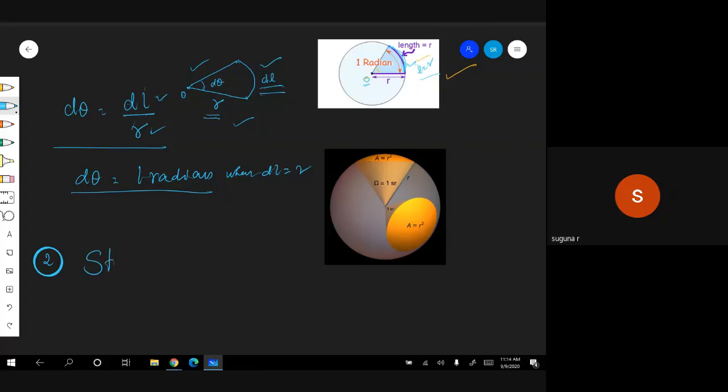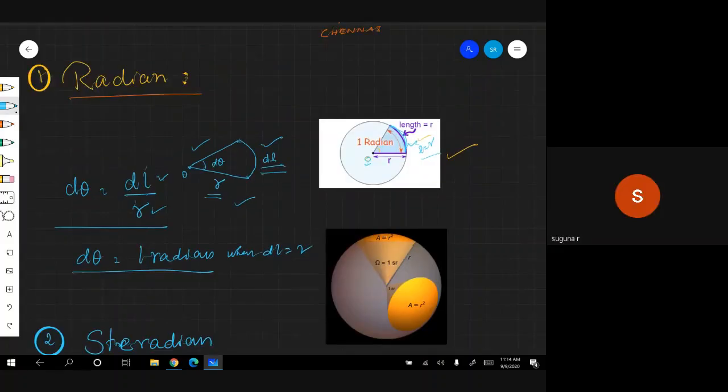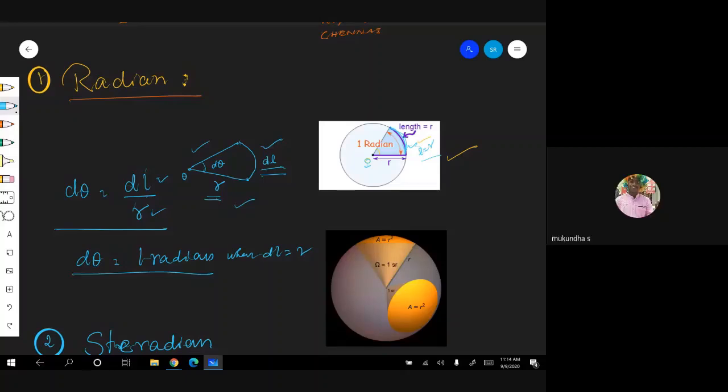What is the SI unit of radian? Radian itself is the SI unit for plane angle. We saw yesterday that plane angle is a physical quantity.